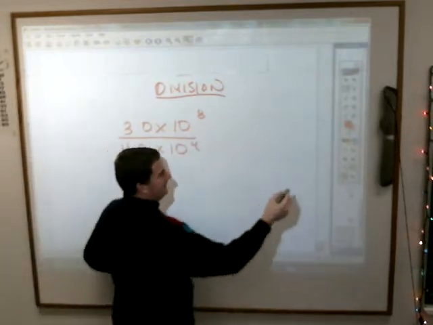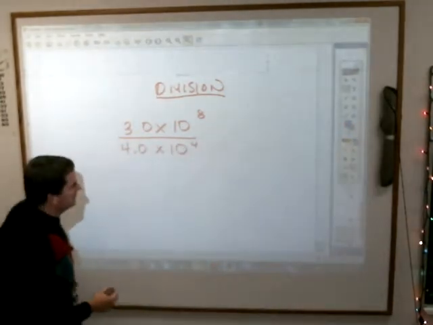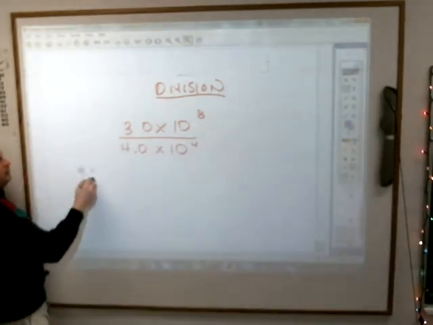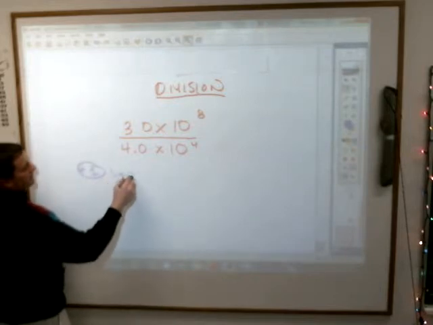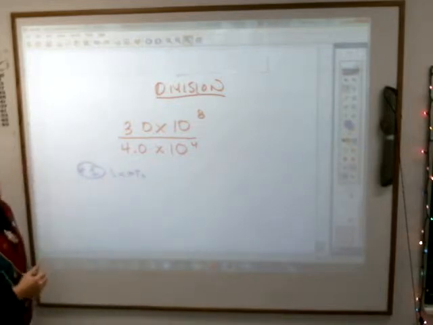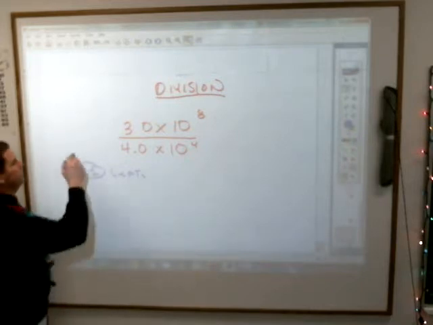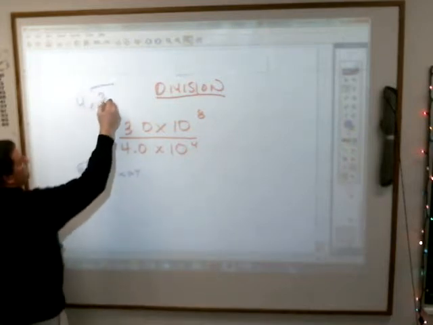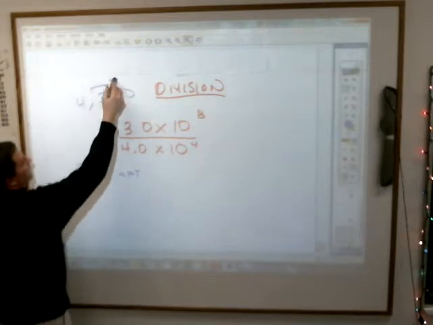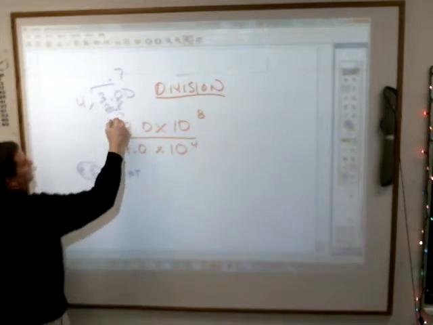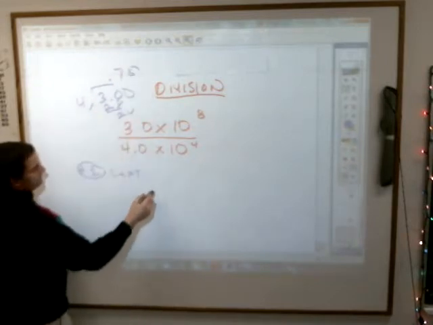Same exact rules apply. Step number 1 is do the left side. Does anybody know what decimal I get when I do 3 divided by 4? Okay, let's do it. 4 into 3, you get decimal point 7, 28, 20, you get 0.75.